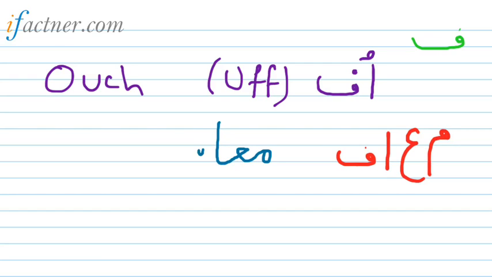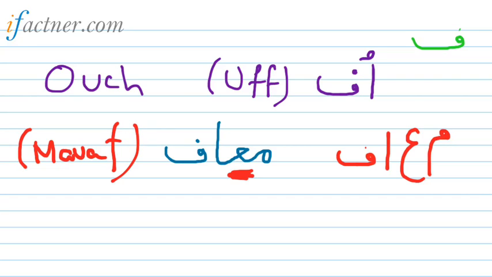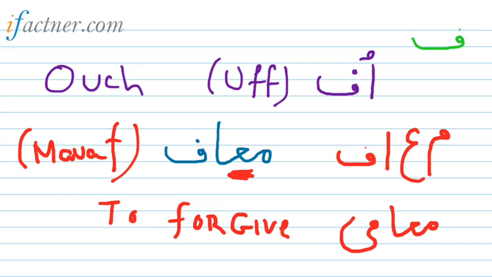You guys should remember that ain is written like this in the middle of the word, and maaf is pronounced as muaf. Muaf means to forgive. And there is another word called muafi, which is to ask for forgiveness.